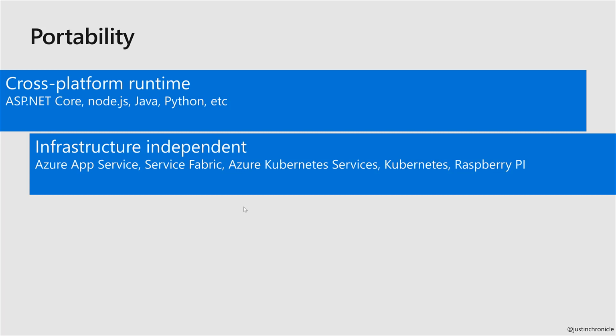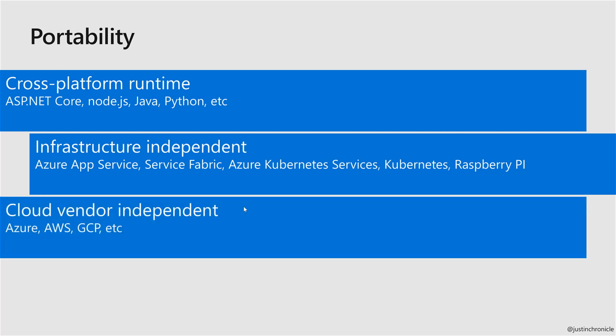Also, Azure Functions is infrastructure independent, which means we can run the Azure Functions runtime in any different environment. For example, Azure App Service environment, on Service Fabric, or on AKS, the Azure Kubernetes Service, or even if we are building our own Kubernetes cluster, we can run the Azure Functions runtime. Even using a Raspberry Pi, we can run the Azure Functions runtime.